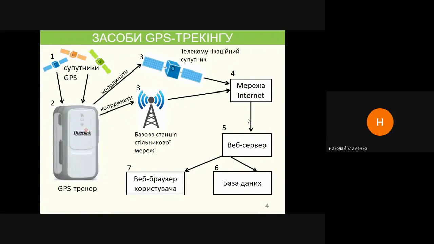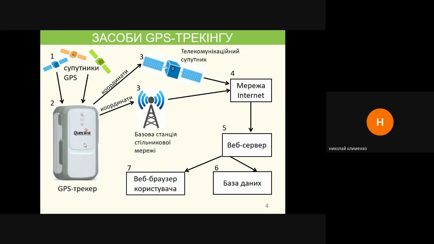Розглянемо засоби GPS-трекінгу. GPS-трекери – це пристрої, які встановлюються на рухомому об'єкті і містять GPS-приймач і засоби стільникового або супутникового зв'язку. Для отримання географічних координат рухомого об'єкта виконуються такі дії.